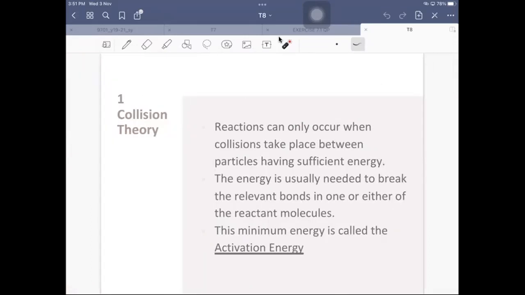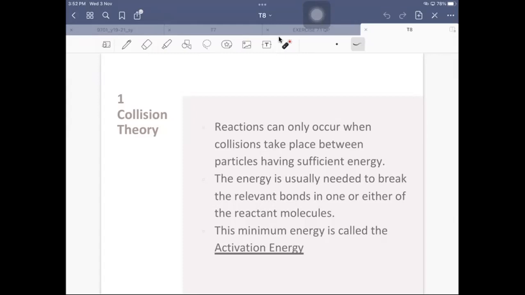So the collision theory says that reactions can only occur when collisions take place between particles that have enough energy or sufficient energy. It's worth knowing that all the particles, the molecules, ions, compounds, all these species have a certain amount of energy. There is no molecule or particle that has zero energy in this world, right?